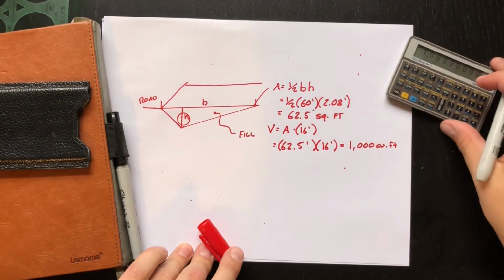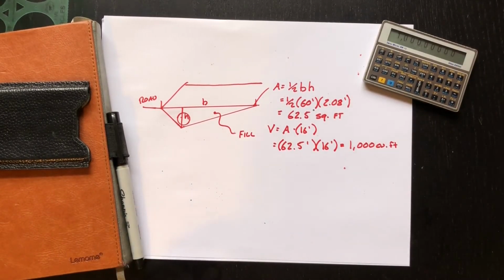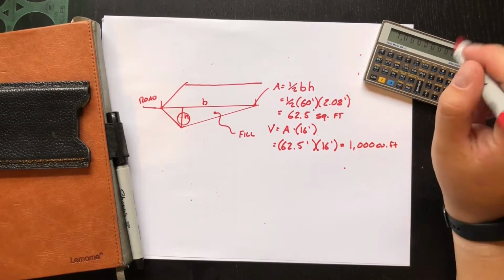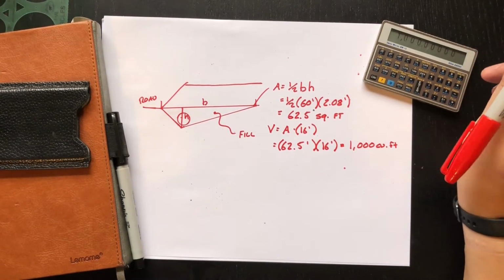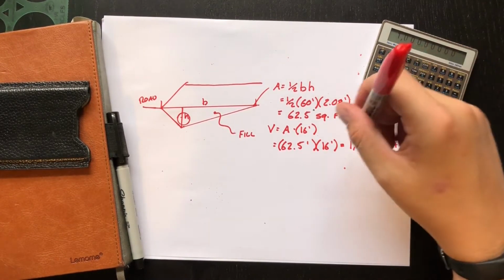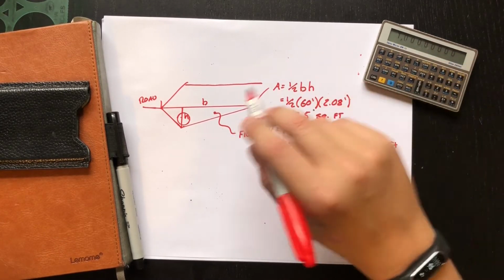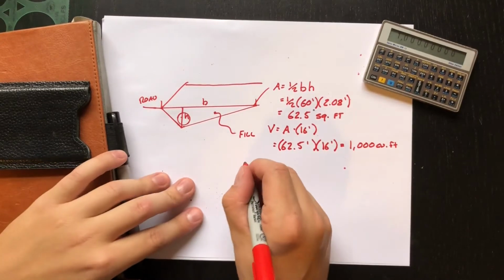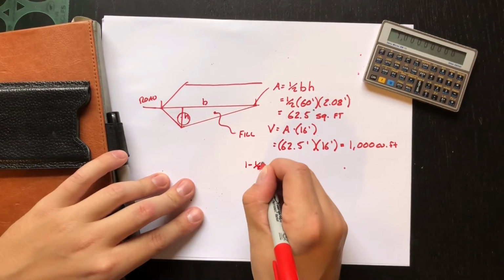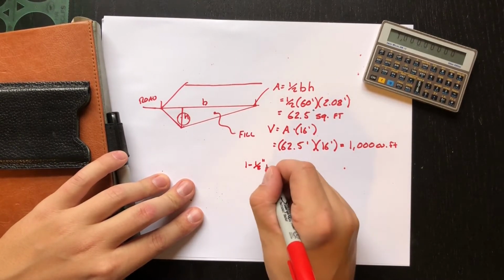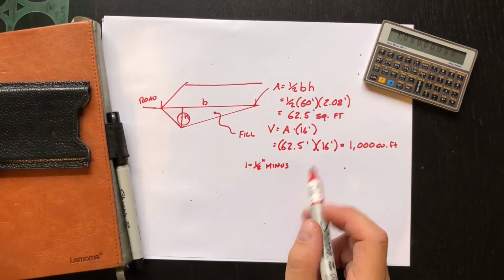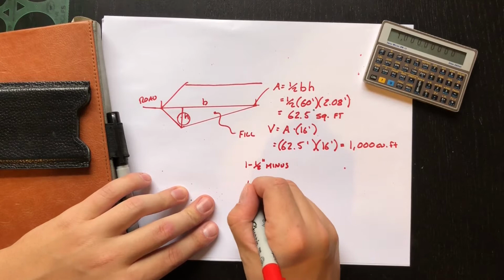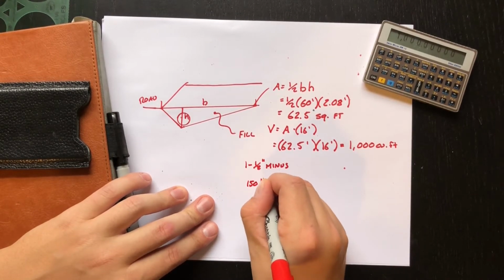So now that we know the volume of my driveway, we need to calculate how many tons of gravel we need to order. So we have to use the density to convert from this volume to a weight. So what I'm gonna be ordering is 1.5 inches minus. The density of this gravel is 150 pounds per cubic foot.